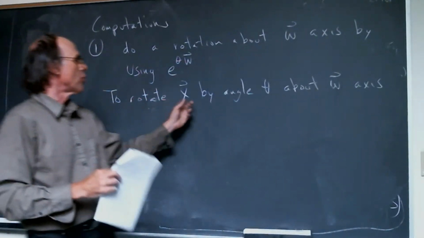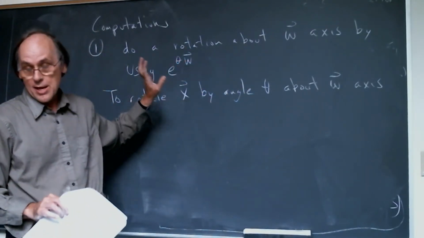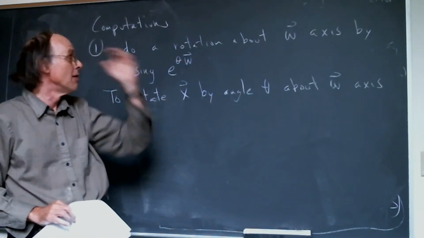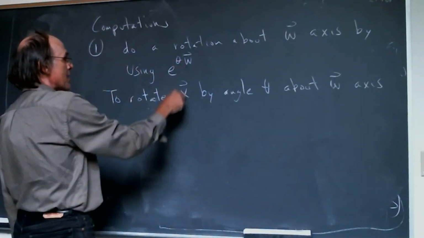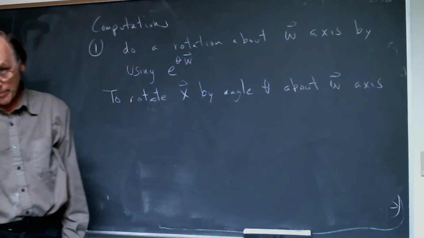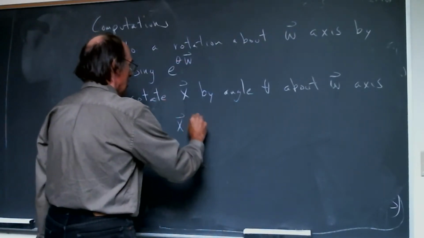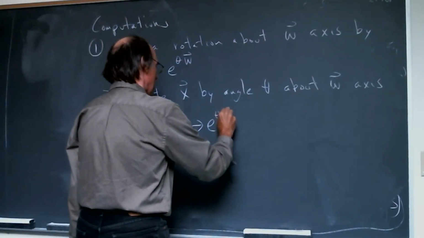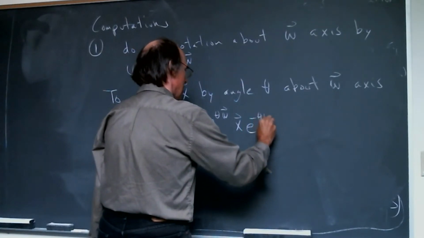if you're trying to do this in terms of 3x3 matrices, you'll find that it's a truly horrible problem to try to figure out the formula for this. But here it's an easy formula. If you think of these as purely imaginary quaternions, then the rotation is just the x vector goes to e to the theta w vector, x vector, e to the minus theta w vector.